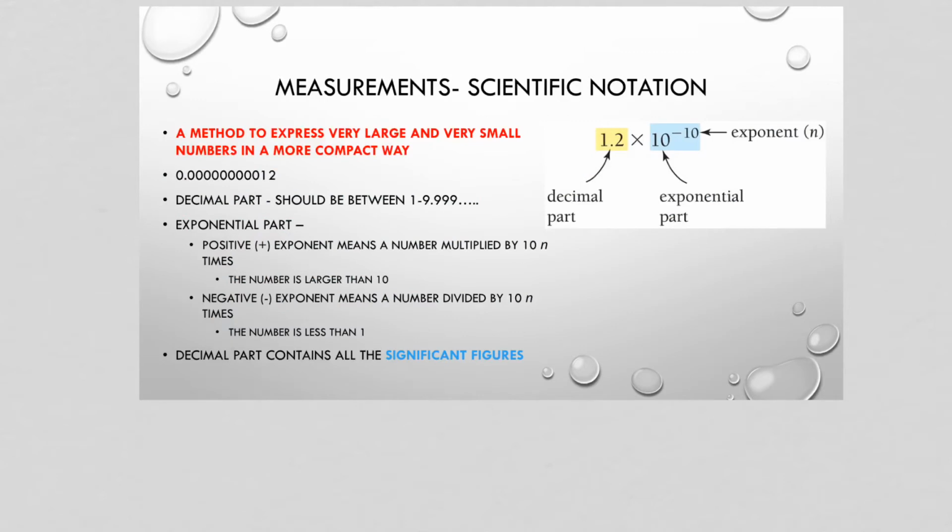Scientific notation is a useful method to express large and small numbers in a more compact way. Oftentimes when we make measurements, those values are very tiny, or maybe quite large, and it's useful to display them in a way that is easier to reference, in a more compact form.